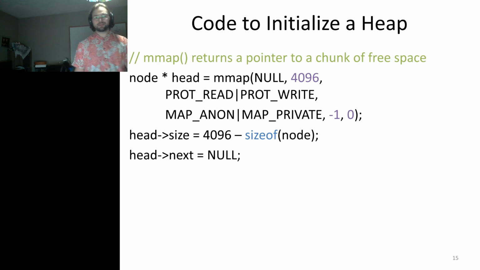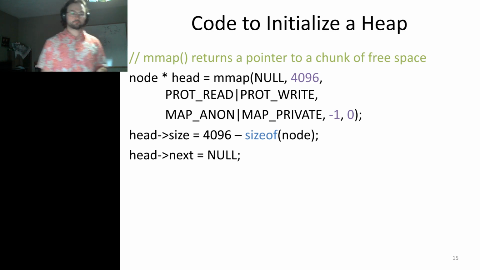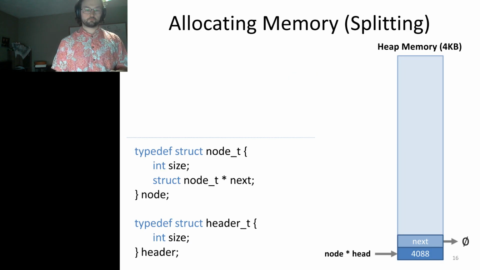Now, in order to get started, we need to have a heap. And for this particular example, we're just going to start by allocating our heap as a single page with mmap. That puts us in this situation where our heap is 4K. Our head of the free list is pointing to a node.